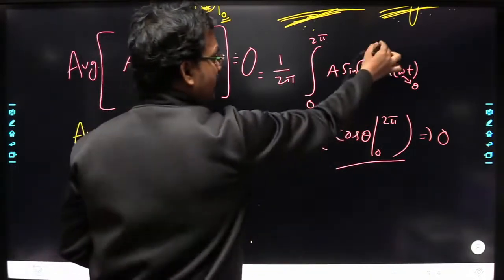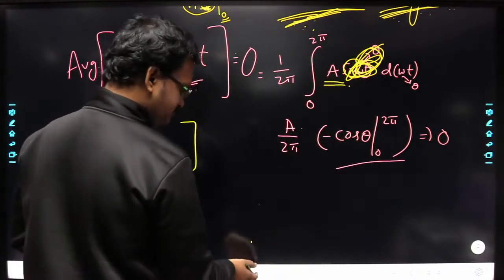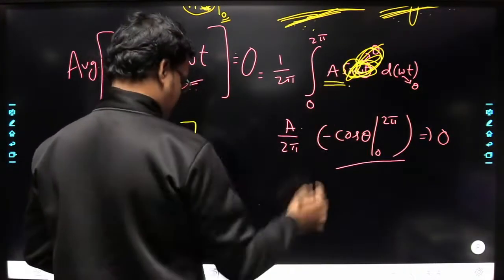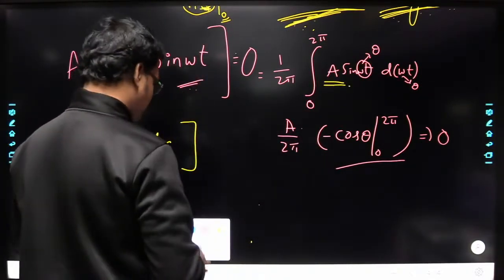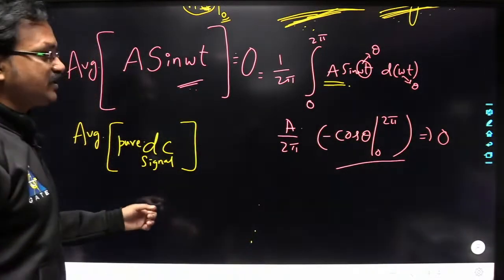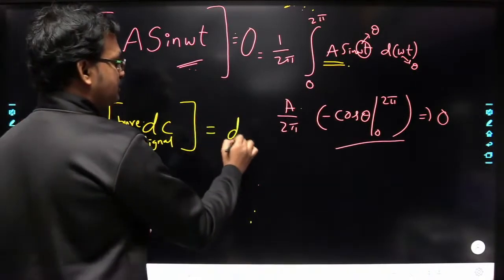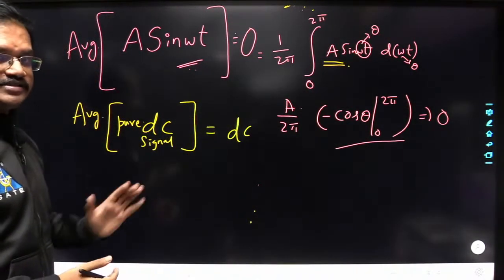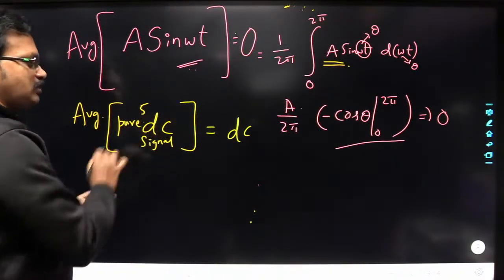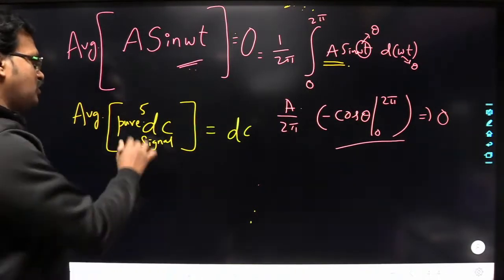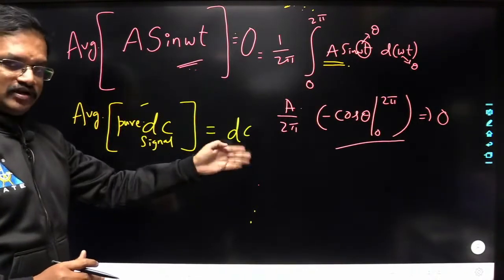Remove sine omega t and take simply A. The average value of that pure DC signal will be simply that DC value only. So if you consider an average value of 5, you are going to get 5 only. The average value of a DC signal is itself DC only.